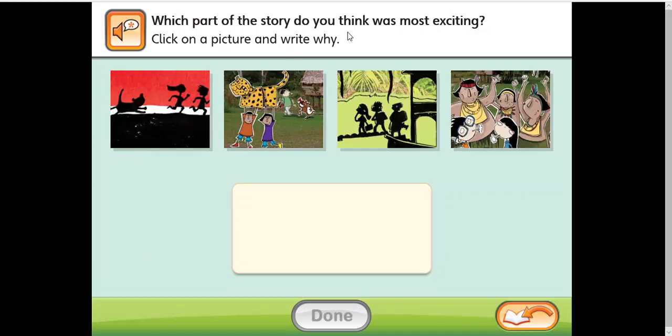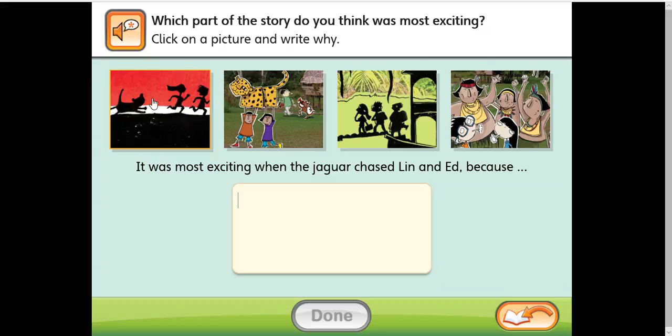Which part of the story do you think was the most exciting? Which part of the story did you love the most? Which part of the story was more interesting for you? I think this was interesting. Yes. So, it was most interesting when the jaguar chased Lynn and Ed because they thought it was real.